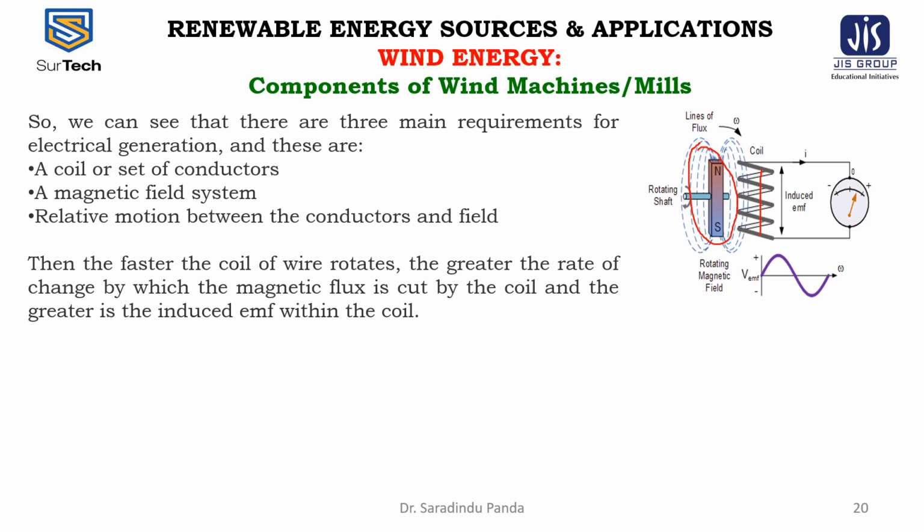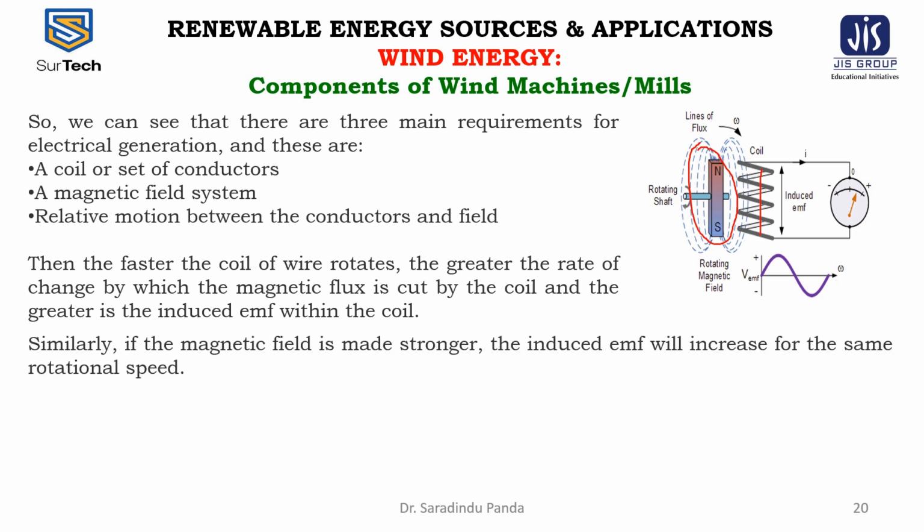Then the faster the coil of wire rotates, the greater the rate of change by which the magnetic flux is cut by the coil, and the greater is the induced EMF within the coil. Similarly, if the magnetic field is made stronger, the induced EMF will increase for the same rotational speed.